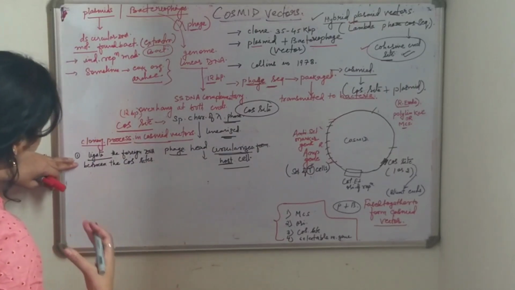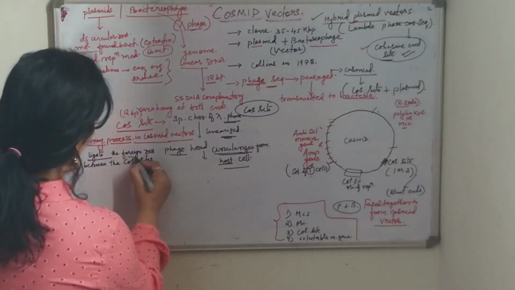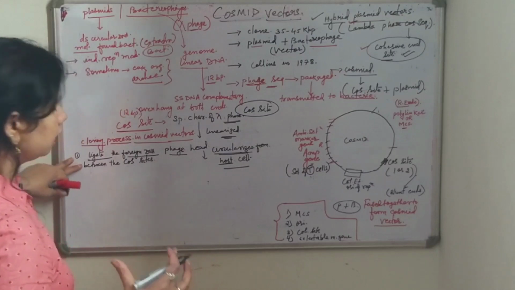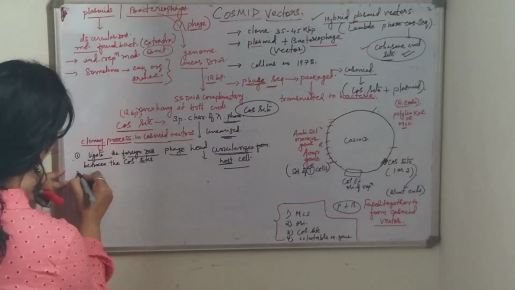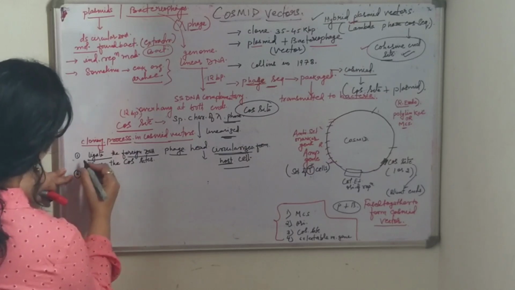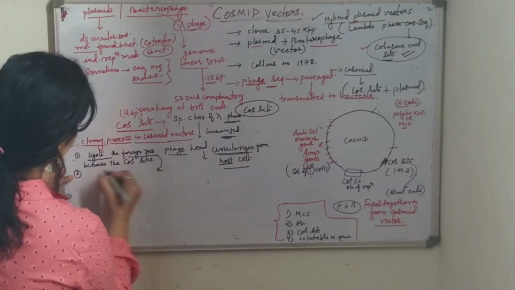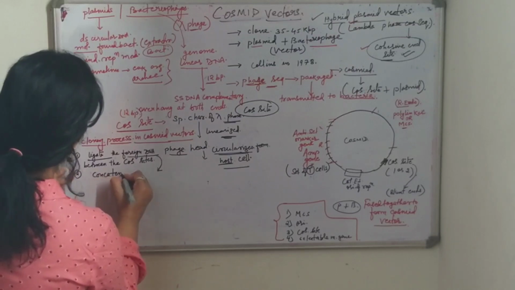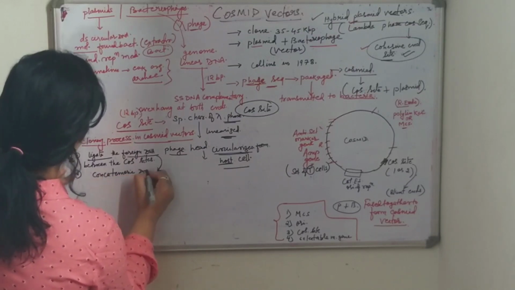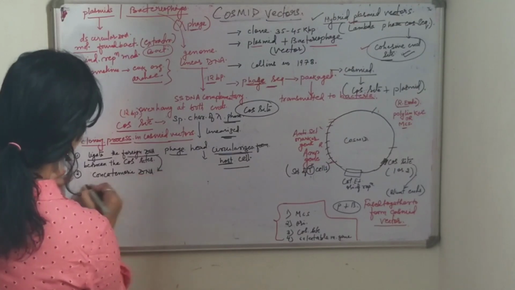This is the first step. It means foreign DNA will be ligated between the cos sites, which we want to clone. Then after, what will be the result? We will get concatemeric DNA.